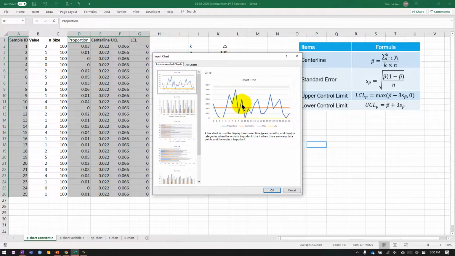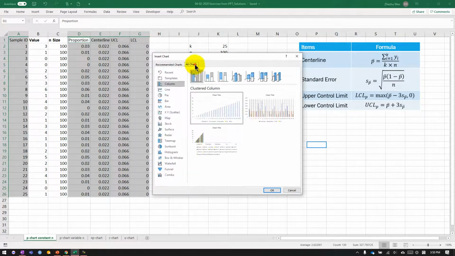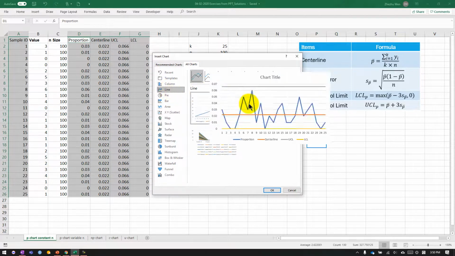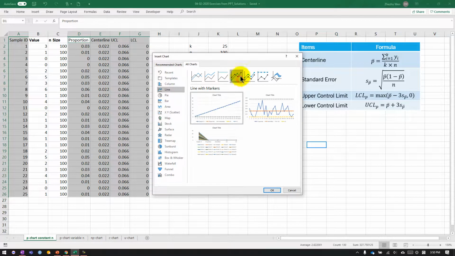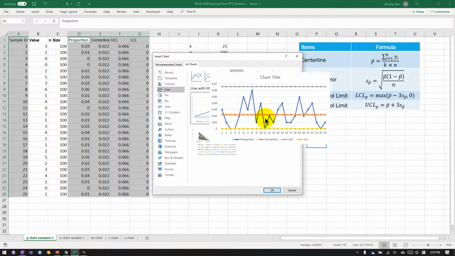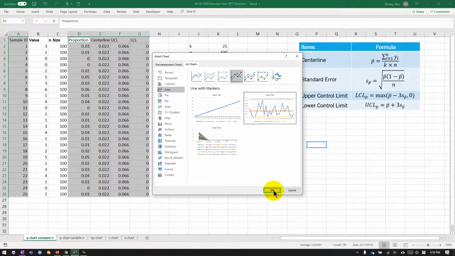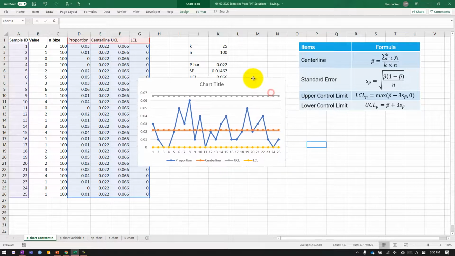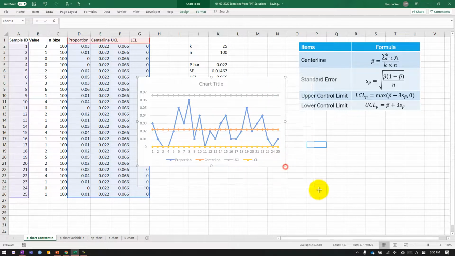Okay, so as you can see, you can almost see the shape here. But this is not quite what we want. Go into all charts, go to the line with markers, right? Go to the second one, okay, that will give you a proper control chart.